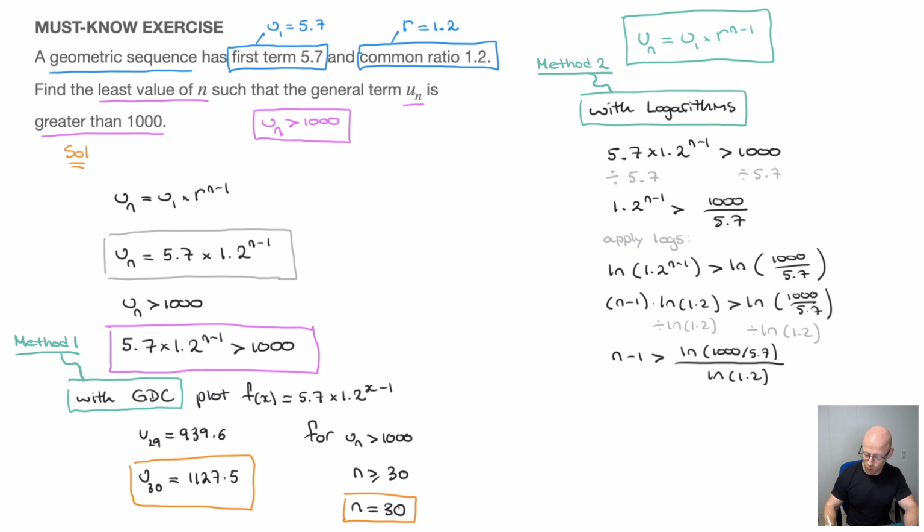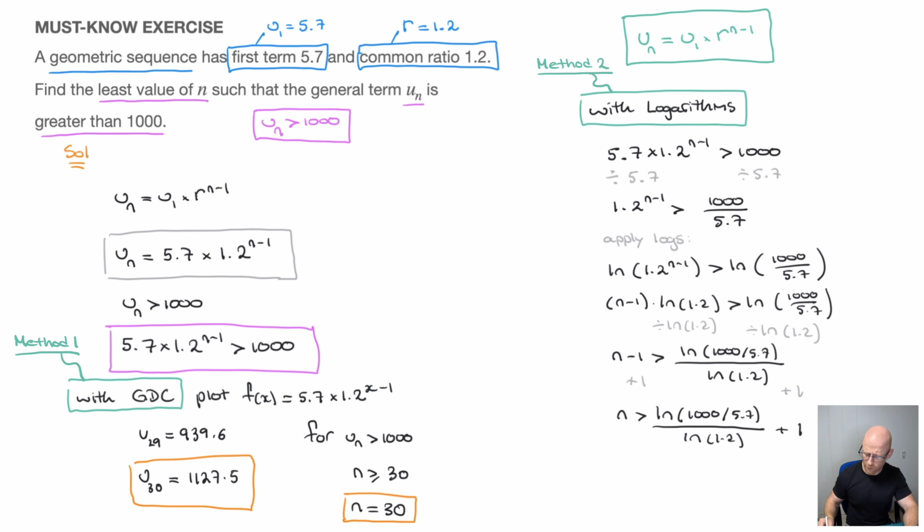Finally, I'll get rid of this 1 that's being subtracted from the left-hand side, which I do by adding 1 to both sides of this inequality. And so we find that n has to be greater than ln of 1,000 over 5.7, and that's divided by ln of 1.2, with a plus 1 at the end here.